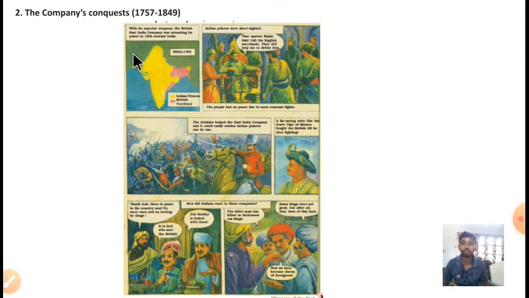So you go through the books. With its superior weapons, the British East India Company was extending its power in the 18th century in India. During this period, India did not have advanced weapons like the British, so they could not fight back.